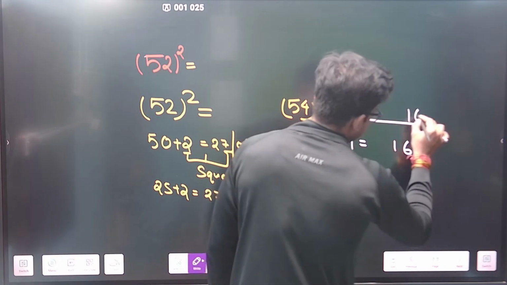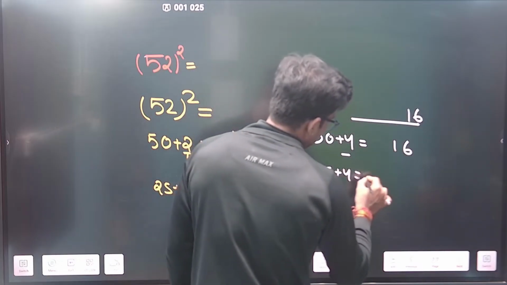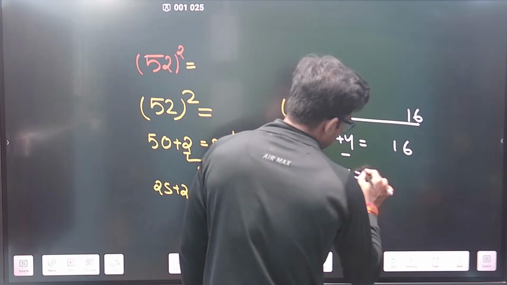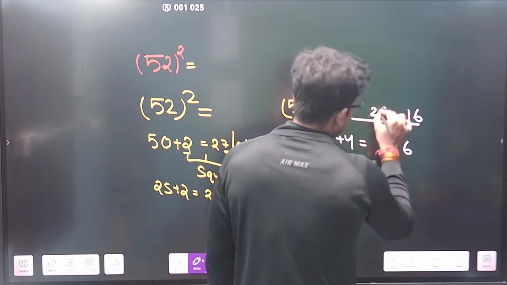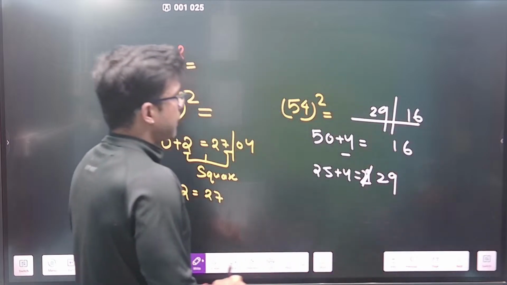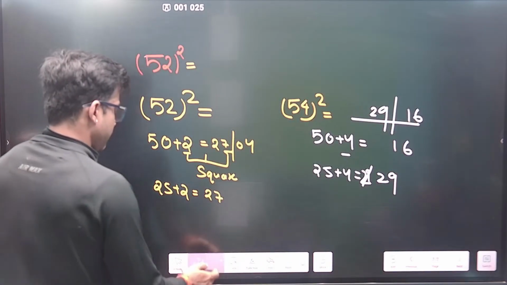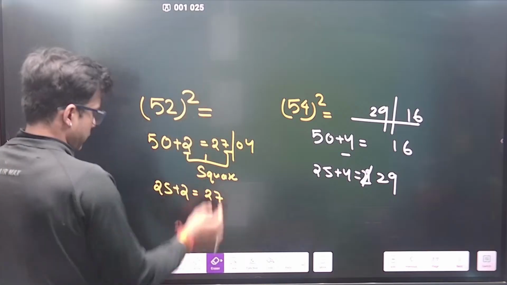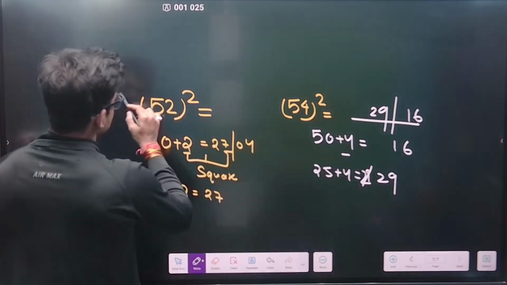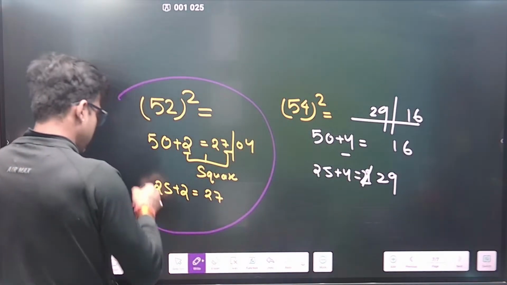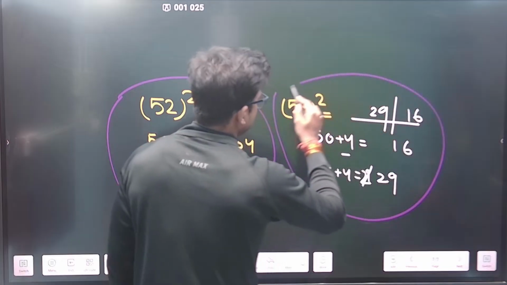Write down 16. 25 plus 4 is 29. Write down 29 over here. This is the square. Understood? This is the other way of finding out the square. Correct?